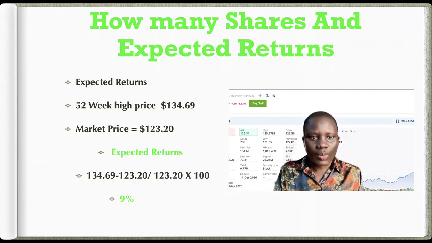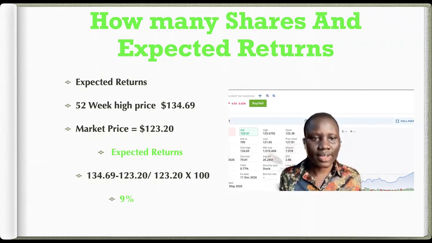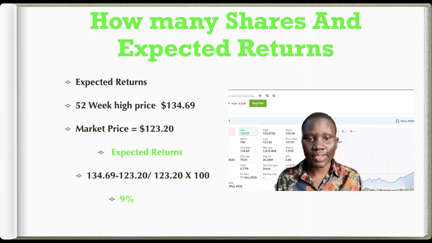For the return, if you look at the 52-week high, it went to 134.69, and the market price at this point is 123.20. We are expecting that in the future, this could go to 134.